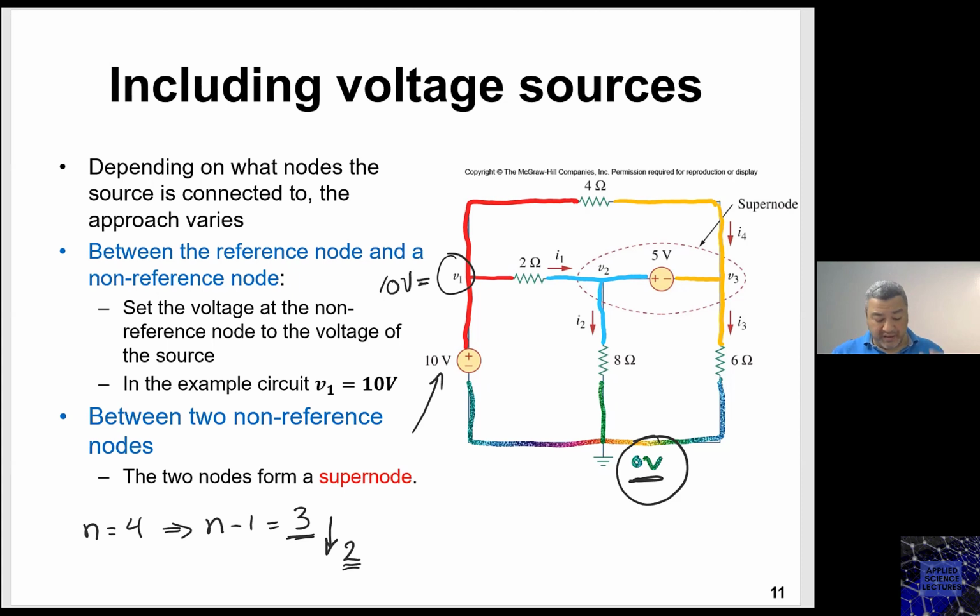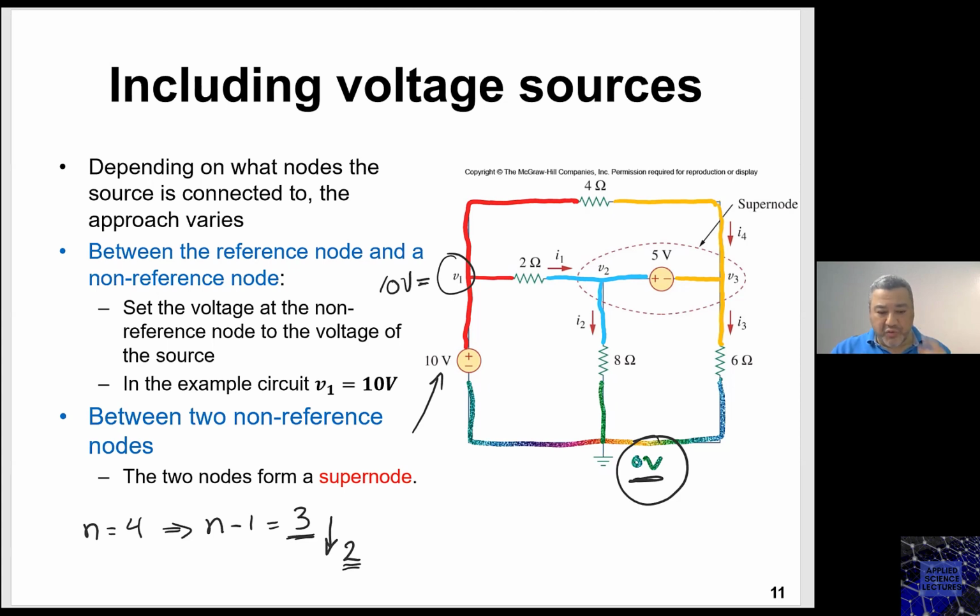Now, on the other hand, I have the second voltage source, which is not connected to the reference. So what does that mean? Back to the definition of the voltage source. The reference node is always 0.